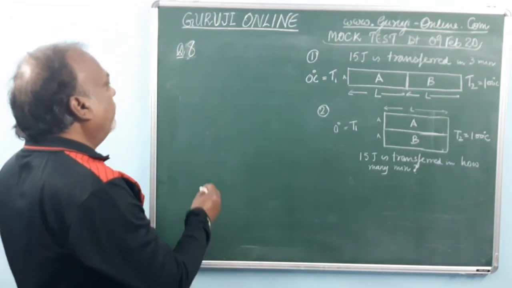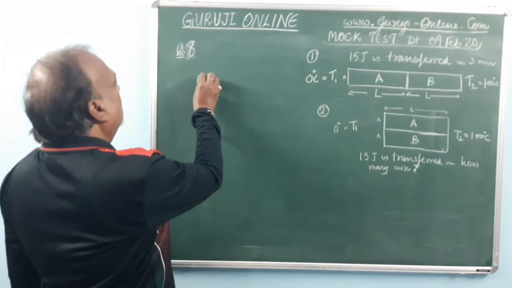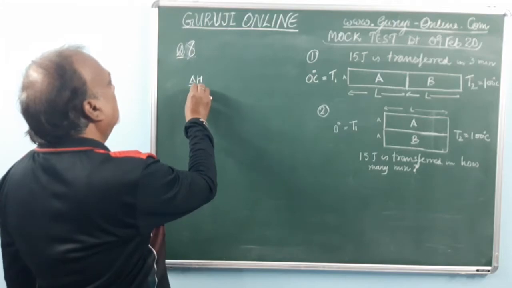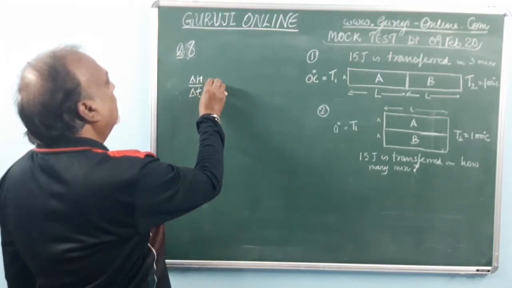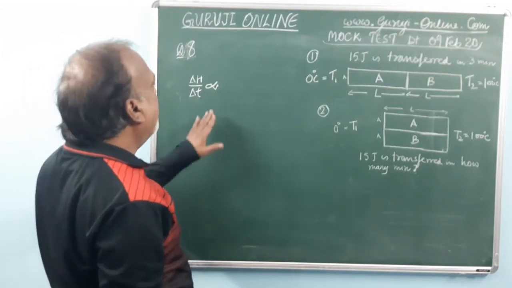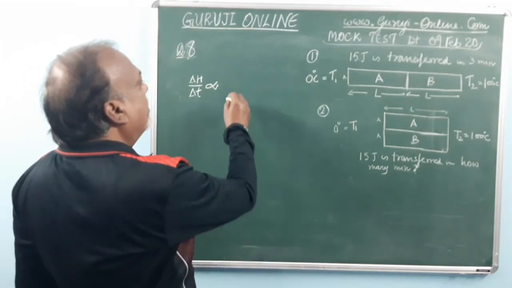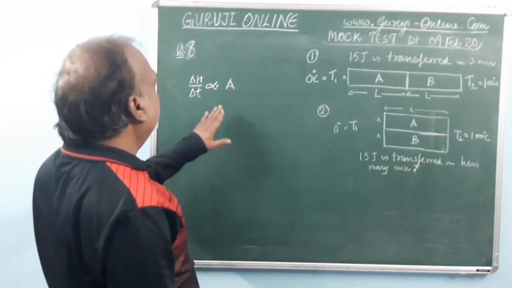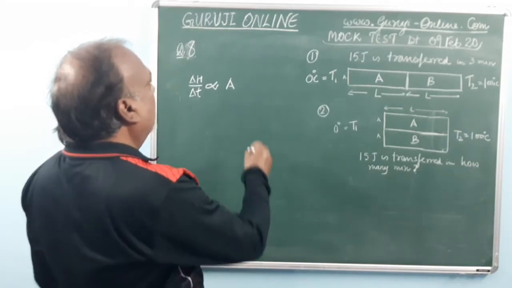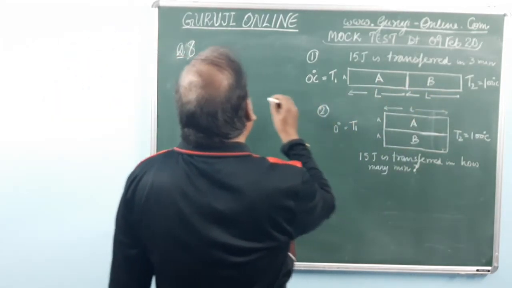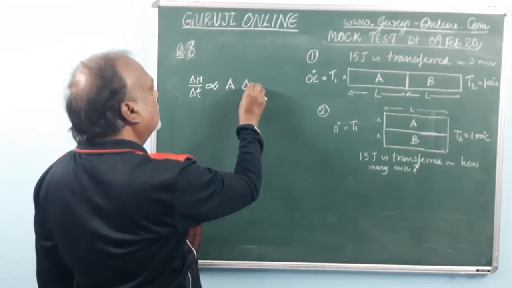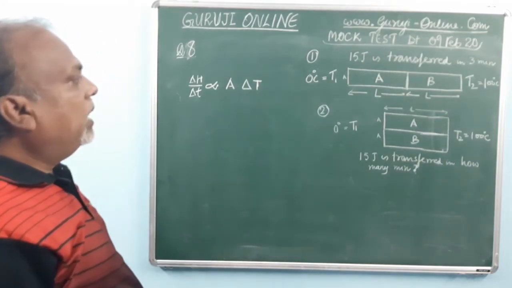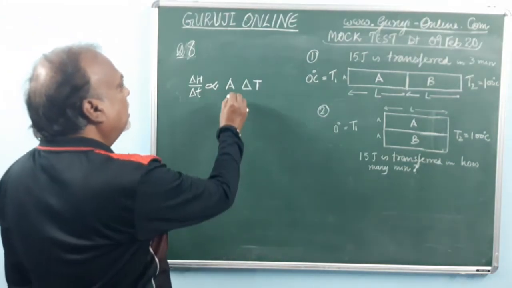So we know that rate of heat transfer is proportional to, number 1, area, number 2, the temperature difference, and it is inversely proportional to the length.